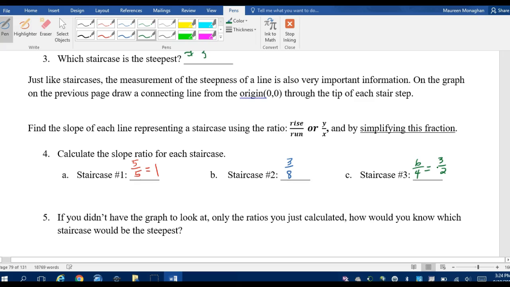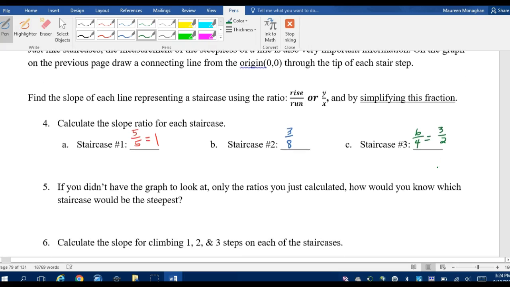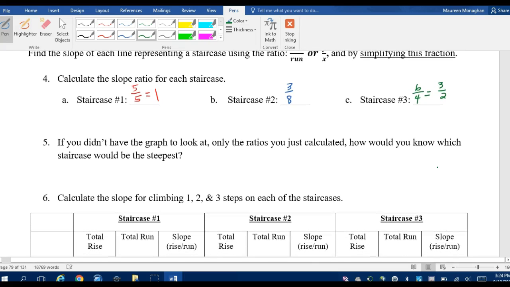If you didn't have the graph to look at, only the ratios you just calculated, how would you know which staircase would be the steepest? How would we know? Well, let's compare. We've got a 1, we've got a 3/8, and we've got a 3/2. And obviously we know this is the steepest.